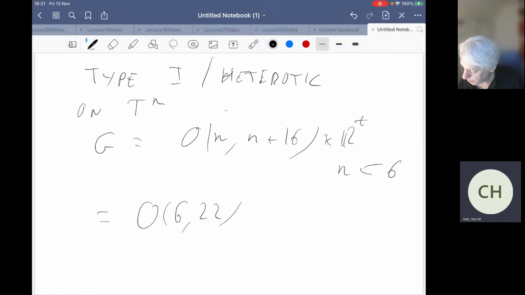Same formula as here, but the R plus is enhanced to SL(2,R), in other words, for compactification on a 6 torus down to 4 dimensions.